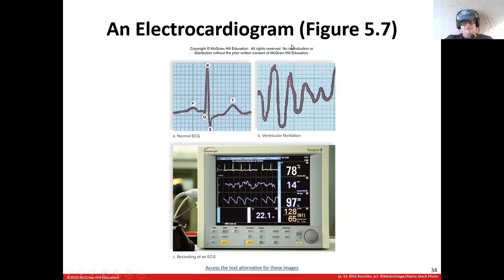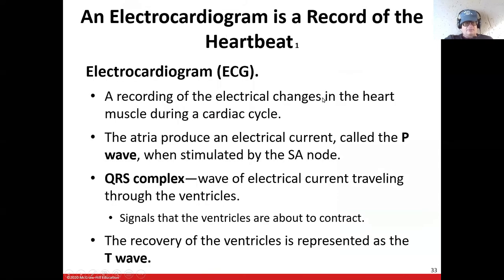Then we actually have the contraction happening after that. Then we have signal for ventricle to contract. We have ventricle contracting, and then we have signal for ventricle to relax. And somewhere in here under the T, the ventricle is going to actually start relaxing. Anyway, so the P wave is signal to the atria. The QRS is ventricles and also atria relaxing. And recovery of the ventricles is the T.